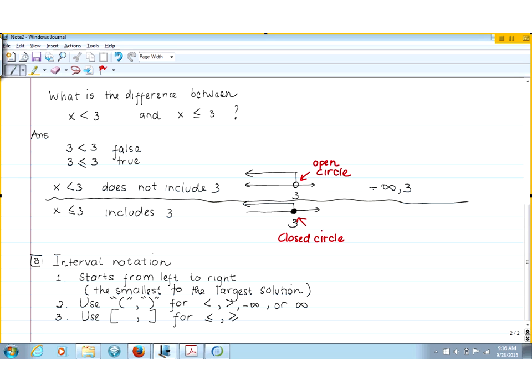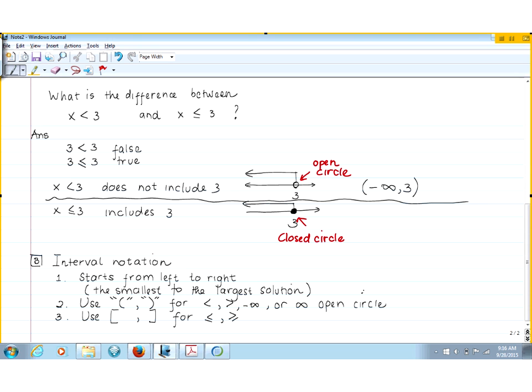So this is the interval notation. Now, for negative infinity, what do I use? Parentheses. For 3, what do I use in this case? Parentheses or bracket? No, this is parentheses because this is not included. Yeah. So for open circle, you use parentheses.